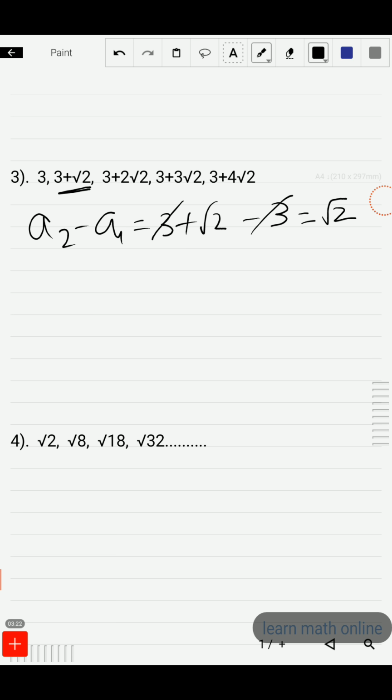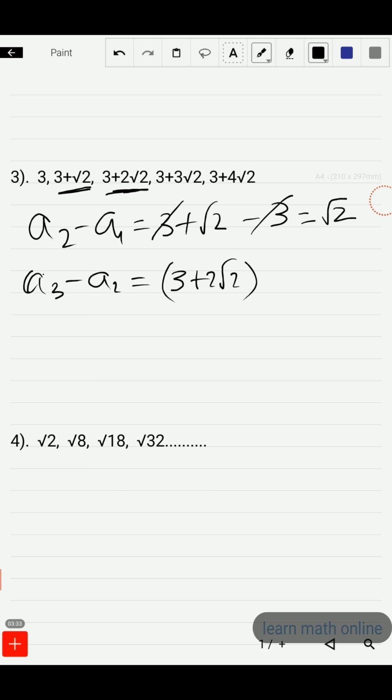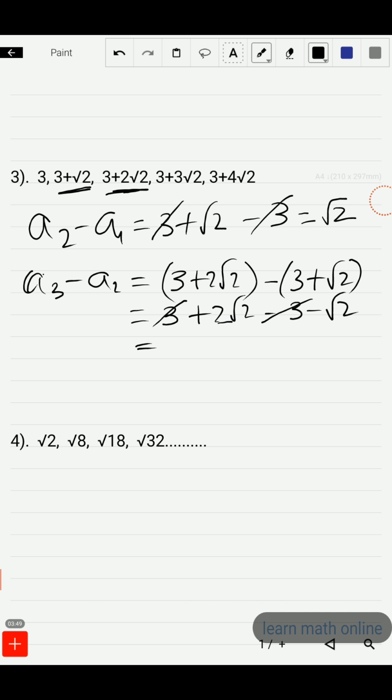A3 minus A2 will give us 3 plus 2 root 2, because this is the third term, minus the bracket 3 plus root 2. This will give us 3 plus 2 root 2 minus 3 minus root 2. Minus 3 plus 3 will become 0. We have 2 root 2 minus root 2, which gives us root 2.